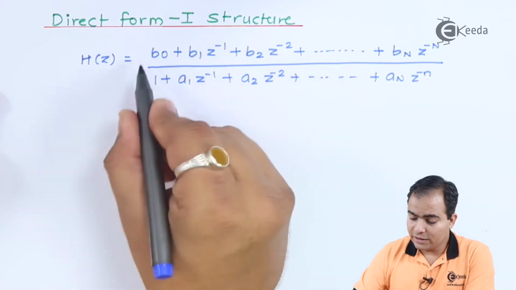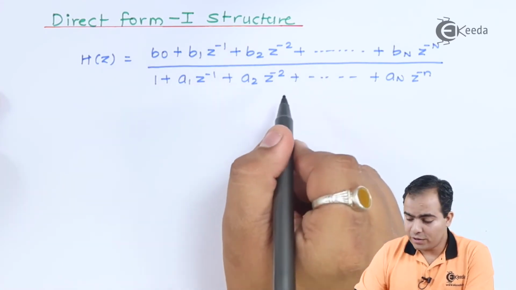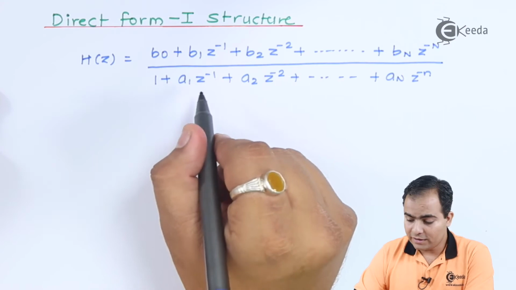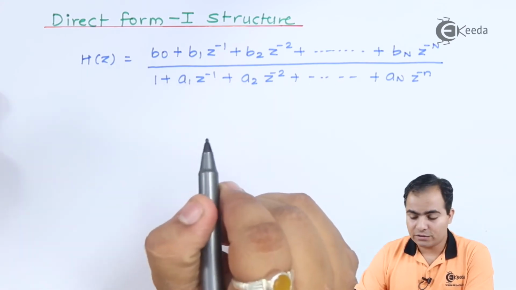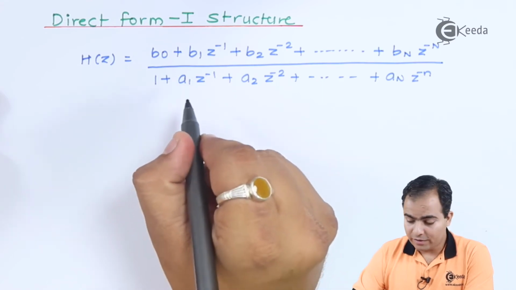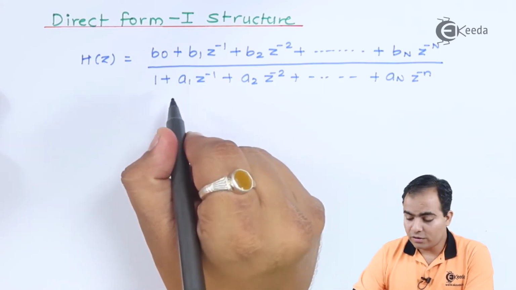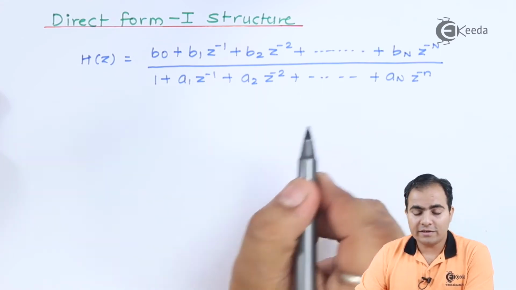Well, this equation, first of all you have to break and then write in terms of y of n and x of n, so that you will get the idea why I'm going to place all the a values negatively.